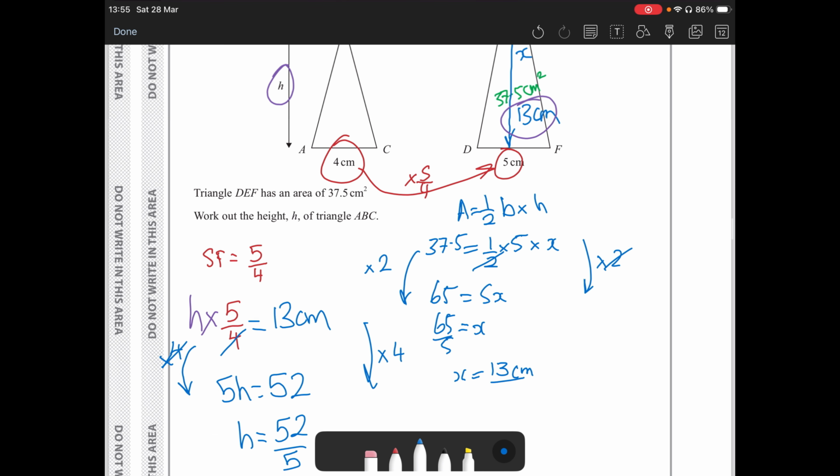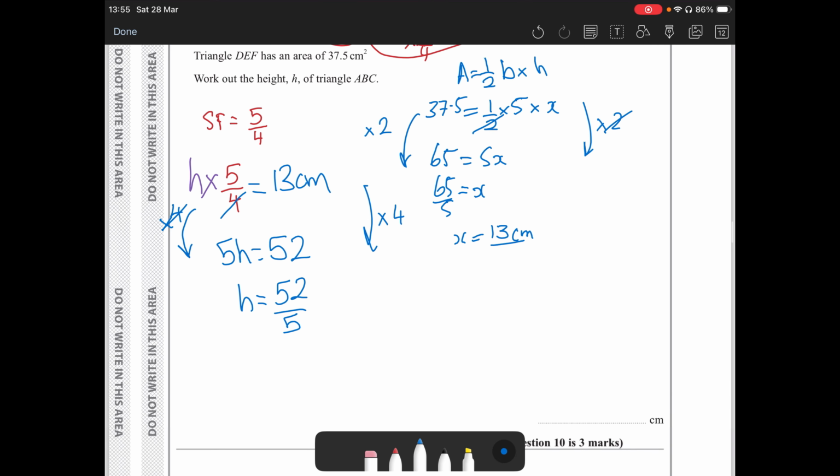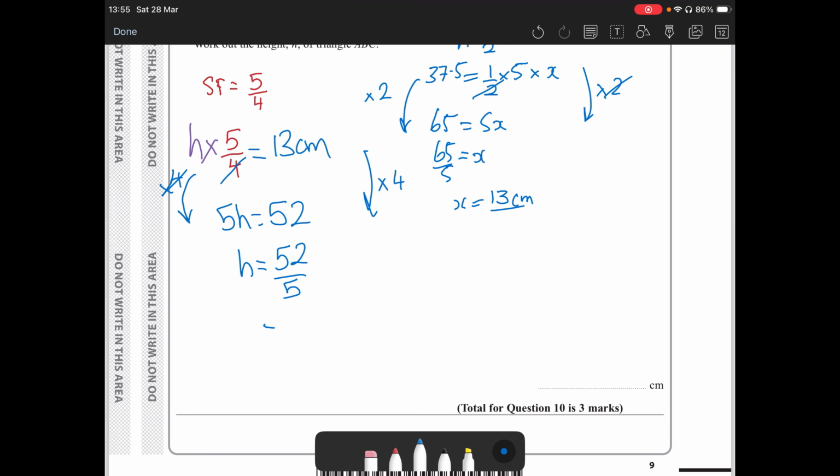That's going to be 10 point something. Oh no, that does make sense because it's less than 13. All right, forget me. If I'm thinking mixed number wise, it's 10 and 2/5. You can probably write this as 10.4. But yeah, that should be the answer.